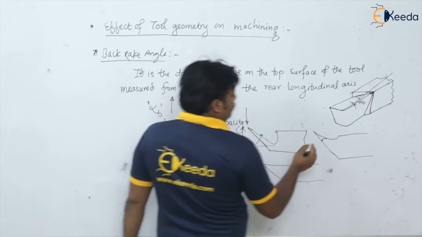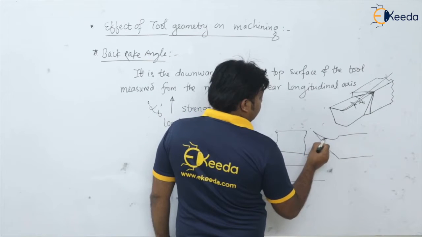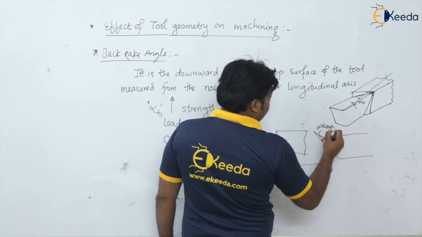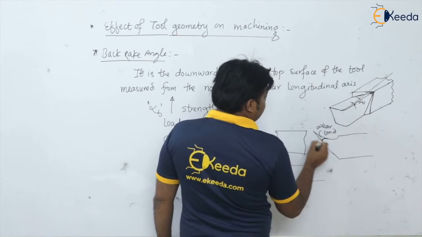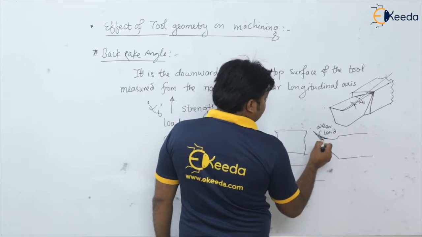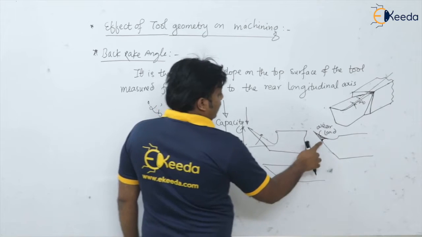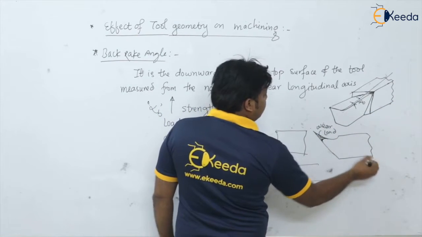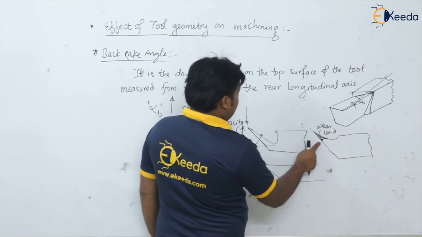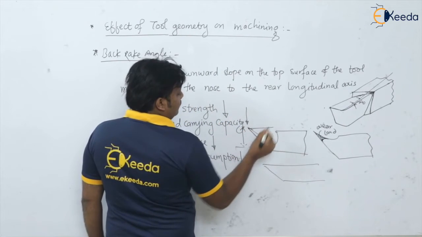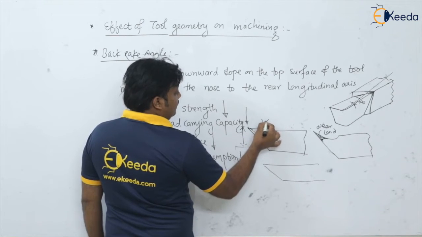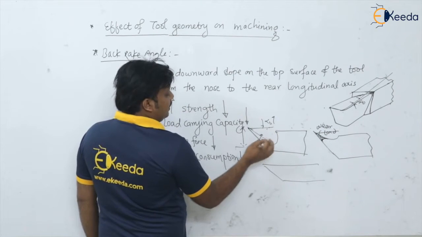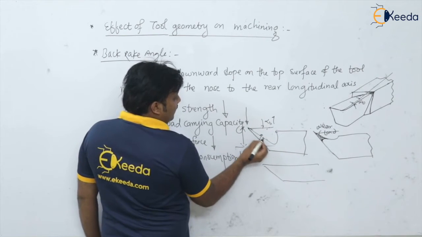So say the tool is getting blunt here, and this is the wear land. Here you have to immediately remove the tool and send it for the regrinding operation. But when I increase the back rake angle compared to this one, this is the maximum. So here you can see the wear land.